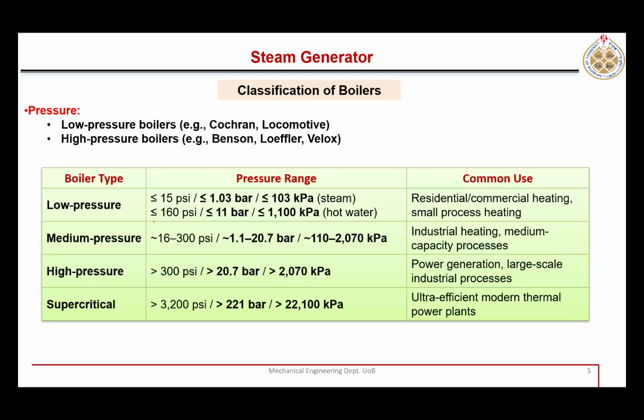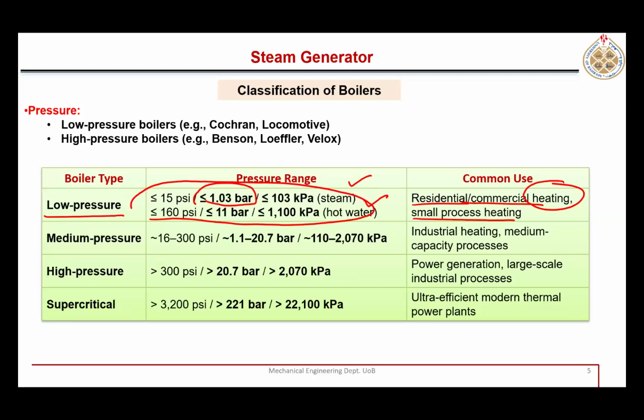For example, if the pressure is around normal atmospheric pressure, and we are producing either heat or just hot water, then these are called low pressure boilers.